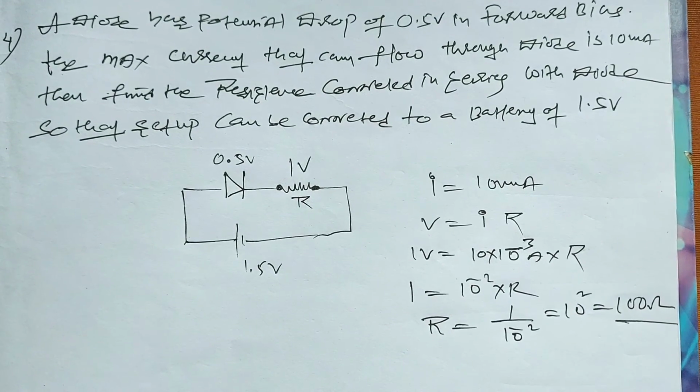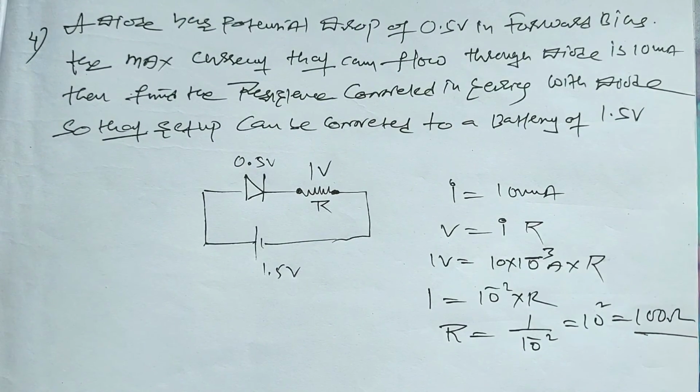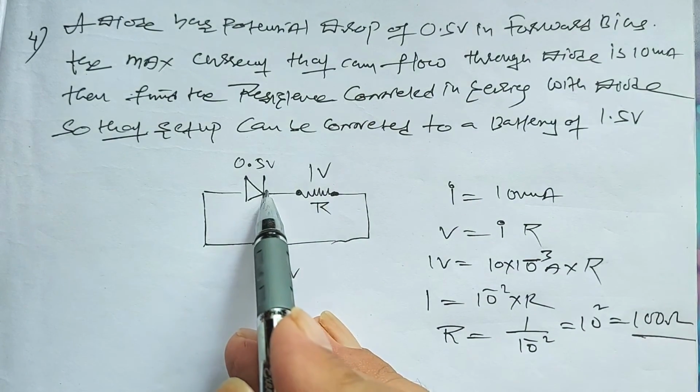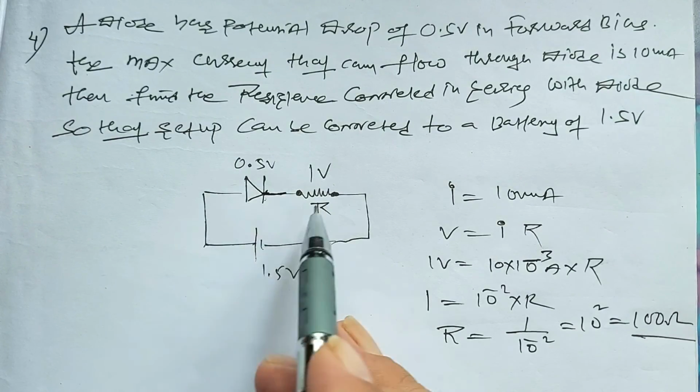So we should connect 100 ohm resistance in series to the diode.